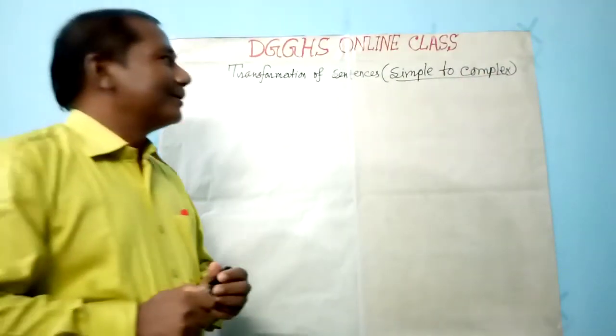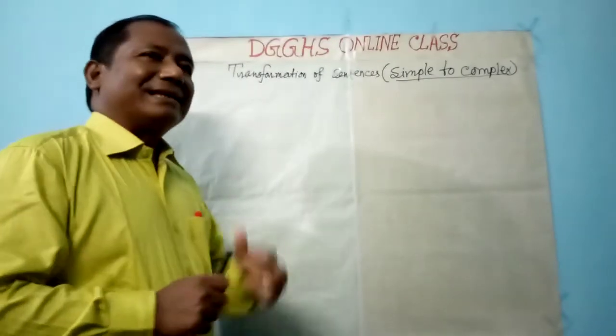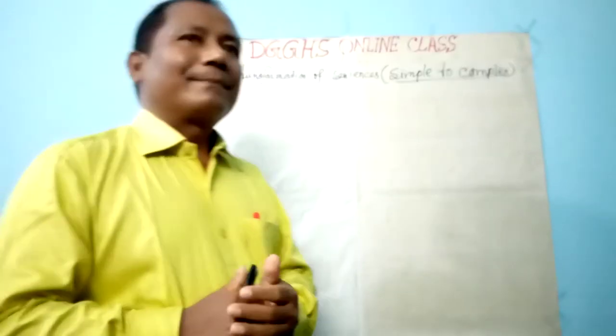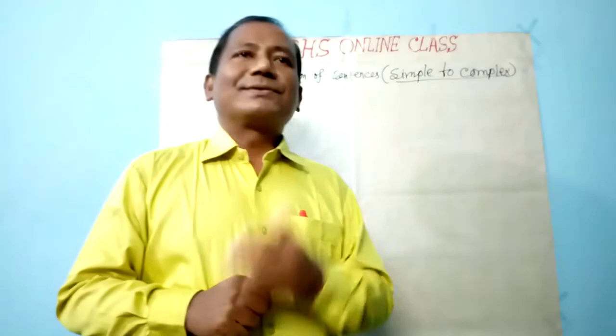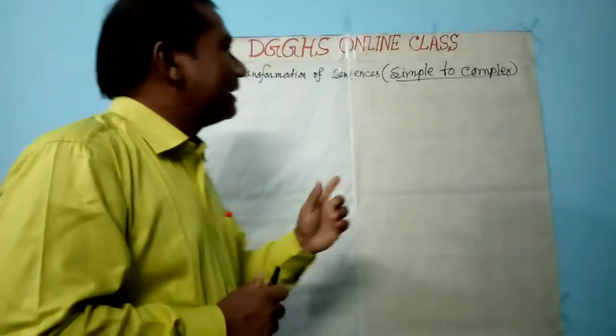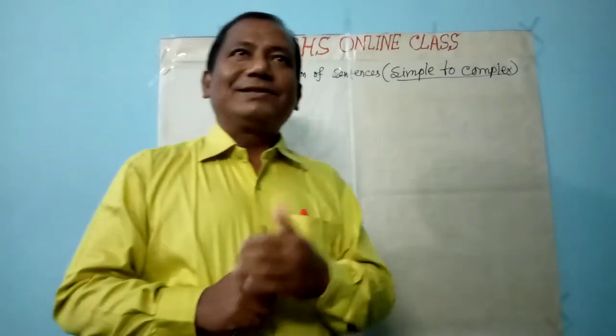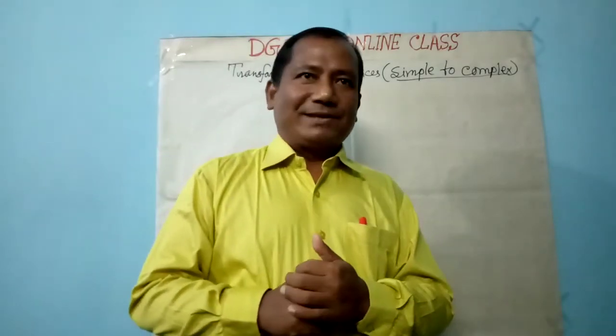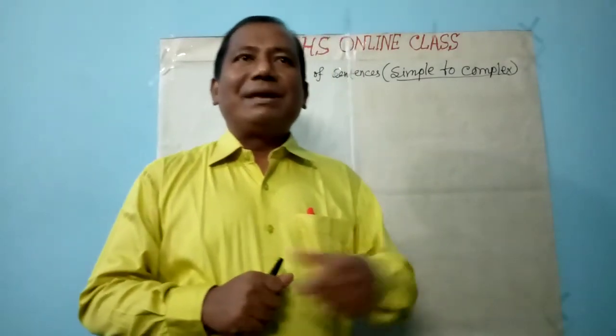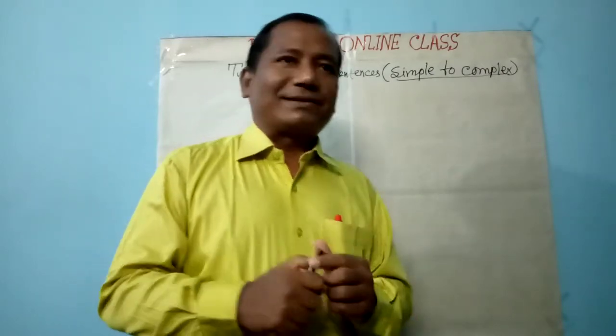Dear students, we know that in a simple sentence there may be some phrases. So if the simple sentence is with an infinitive phrase, then how can we make it into a complex sentence?